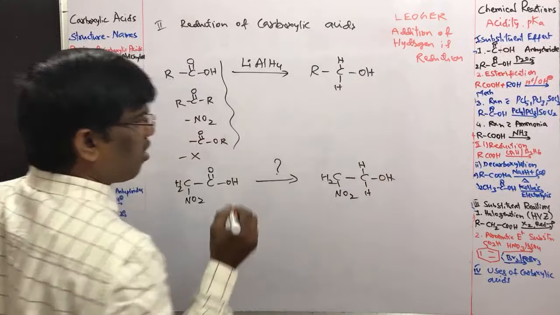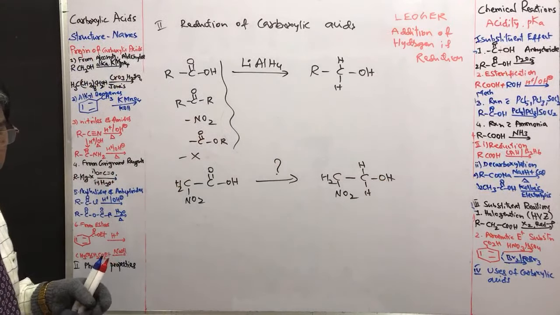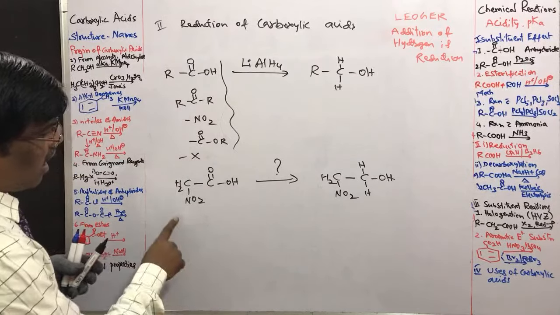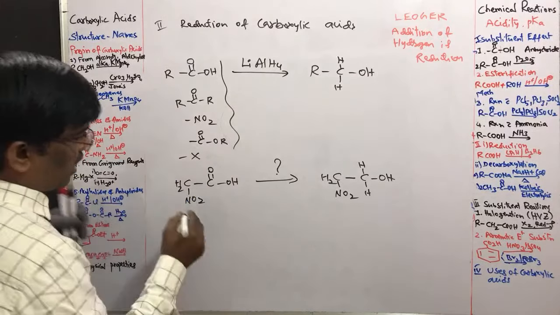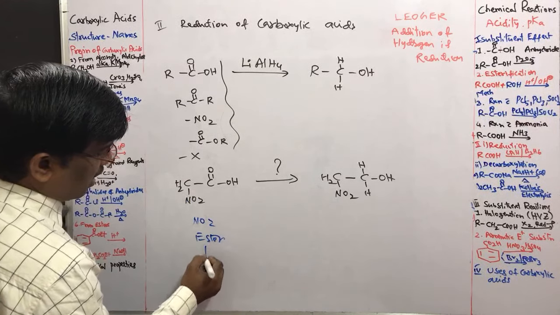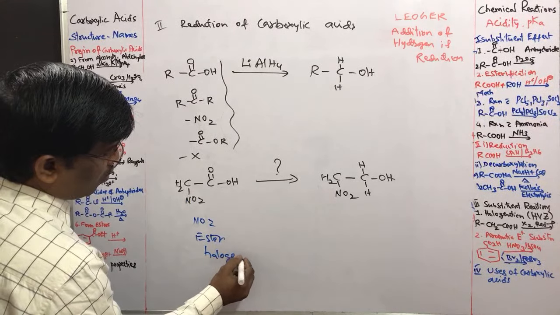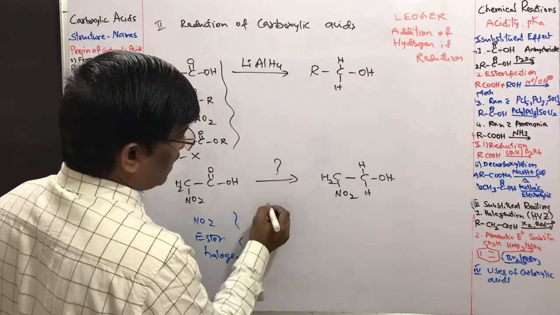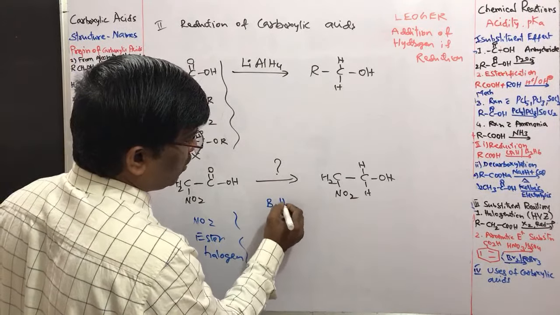What is the reagent? Optional reagent. There is one reagent where nitro, ester or halogen are going to have no effect, remaining intact. The reagent is diborane, B2H6.